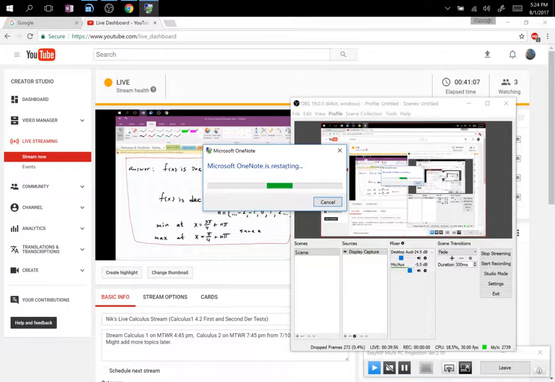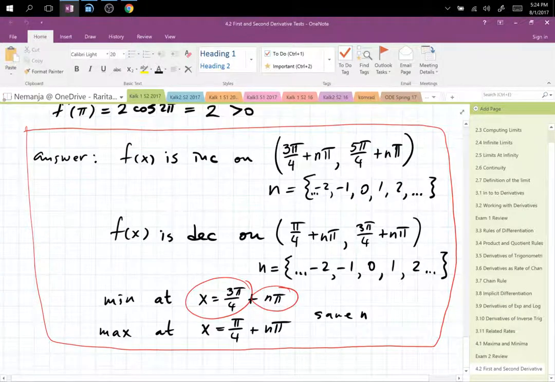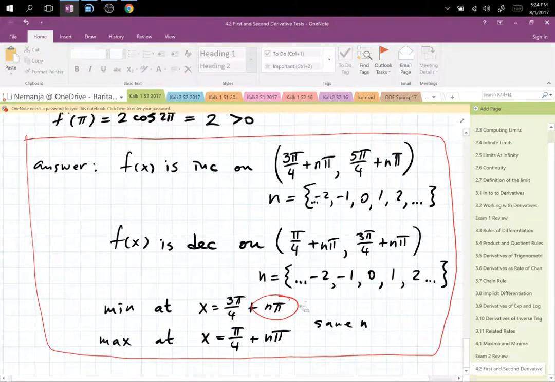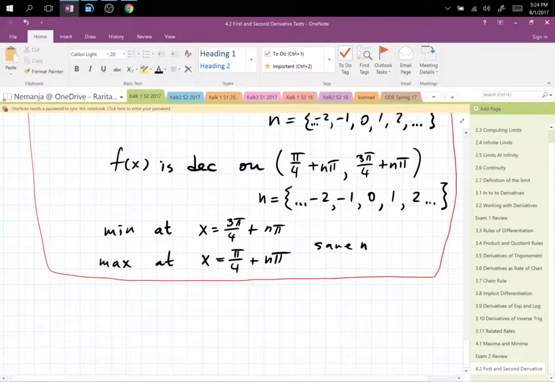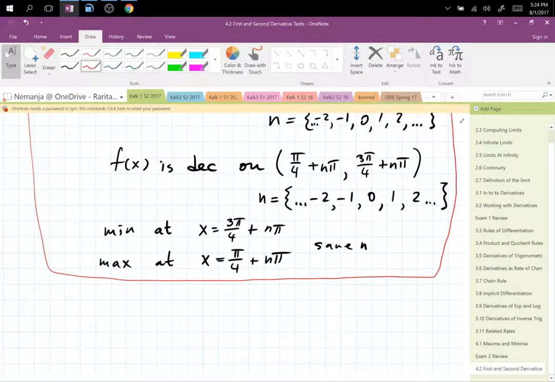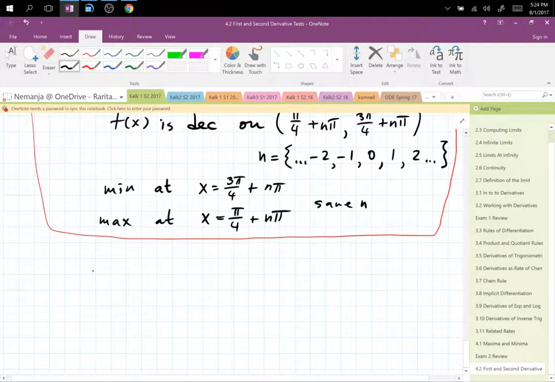Every time I get excited, it crashes. This is why we can't be happy. All right, so talking about sine, let's see if this crashes again.